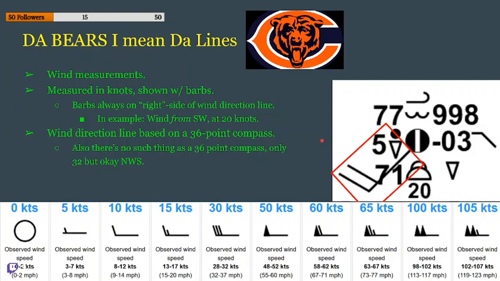And the NWS says that the wind direction is based on a 36-point compass. However, there's only such a thing as a 32-point compass. But okay, NWS, inventing compasses. I'm telling you, it's weird as hell.